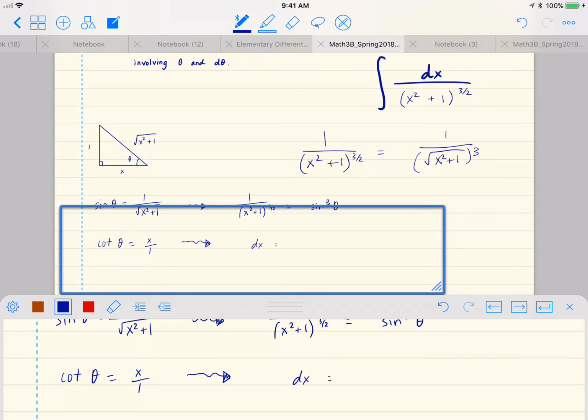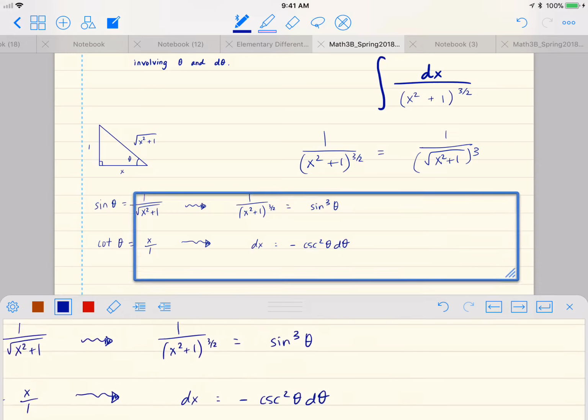is, what is the derivative of cotangent? The derivative of cotangent of theta, I believe it's negative secant theta. Let me just verify that. Yes, negative cosecant squared theta, sorry. Negative cosecant squared theta d theta. All right.